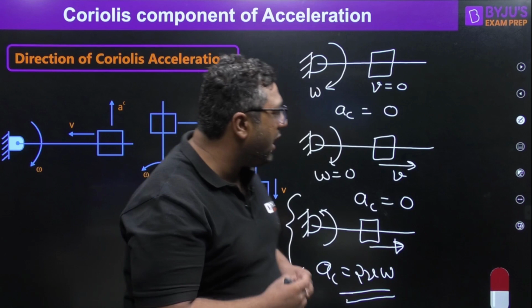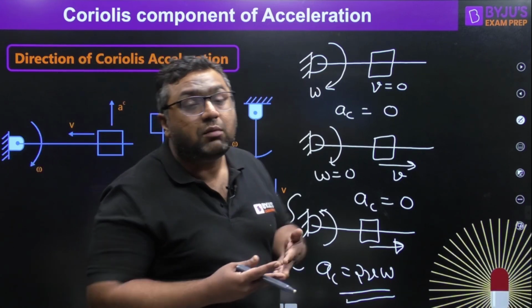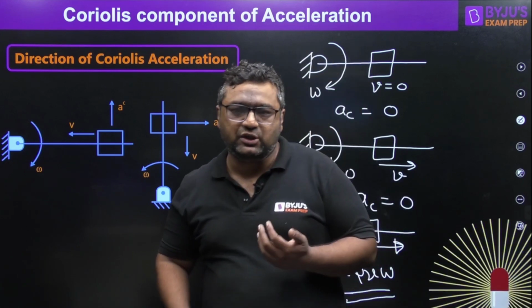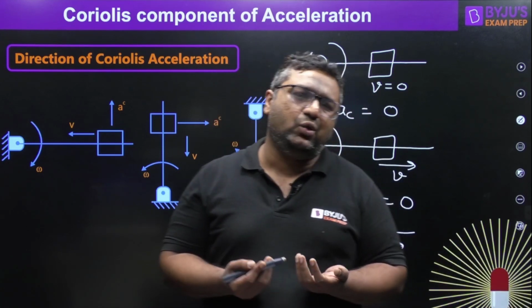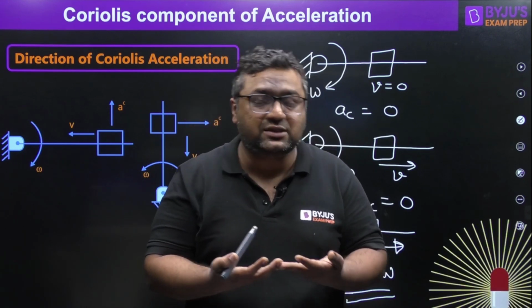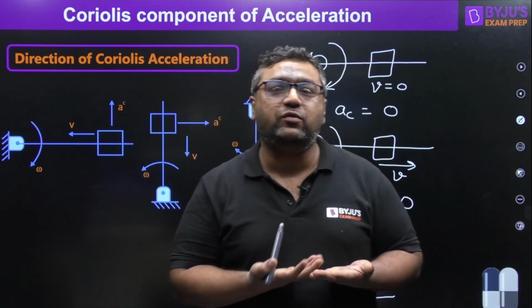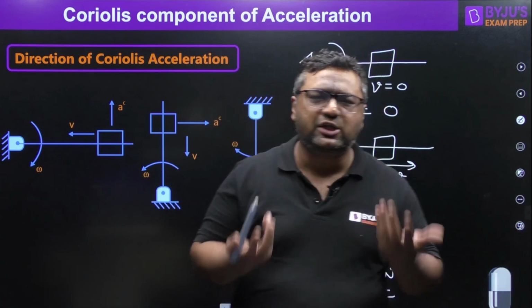Okay. Now I will show you that if it is a real acceleration, there should be some motion generated by it, because forces try to bring a body in motion to rest, or if the body is at rest, they try to make it move. So the work of a force is to change the state of motion.